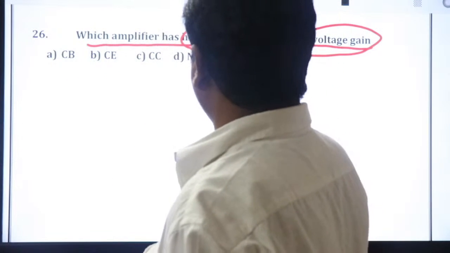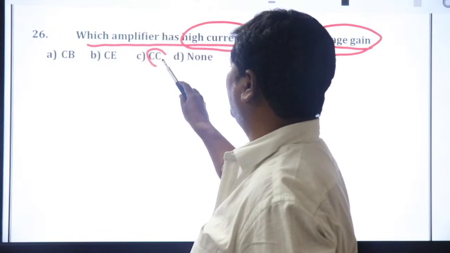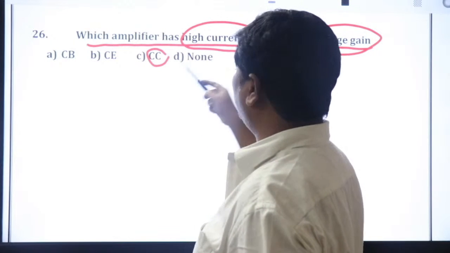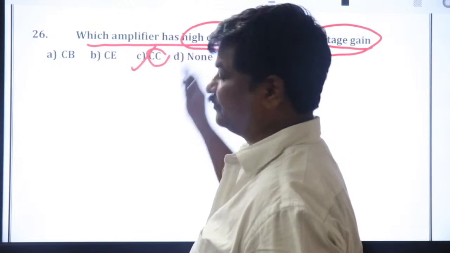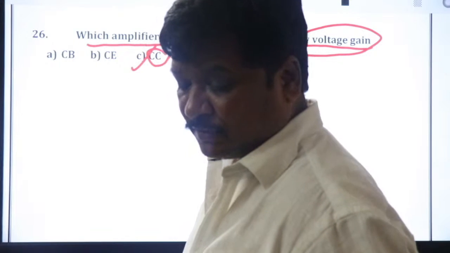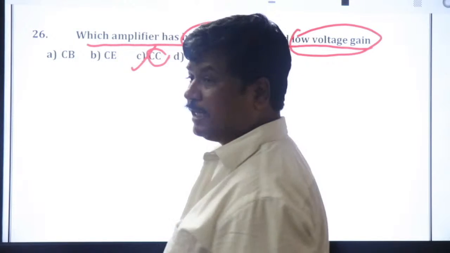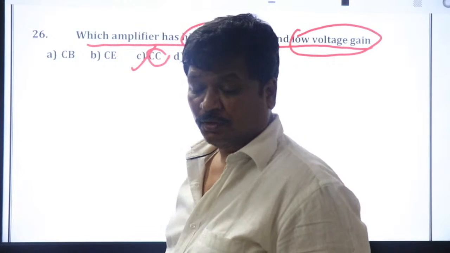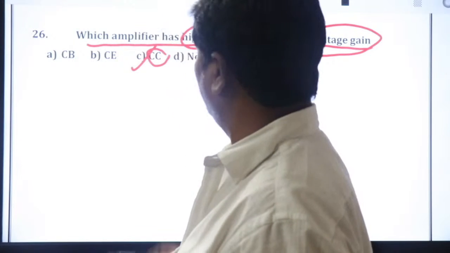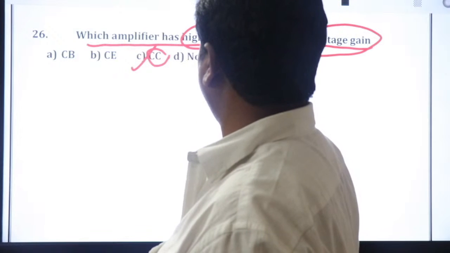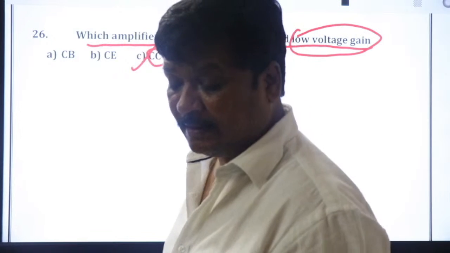High current gain is for CC, the highest current gain. Low voltage gain is also for CC. The one which has high voltage gain and low current gain, and the one which has both high voltage gain and high current gain, are the other configurations.